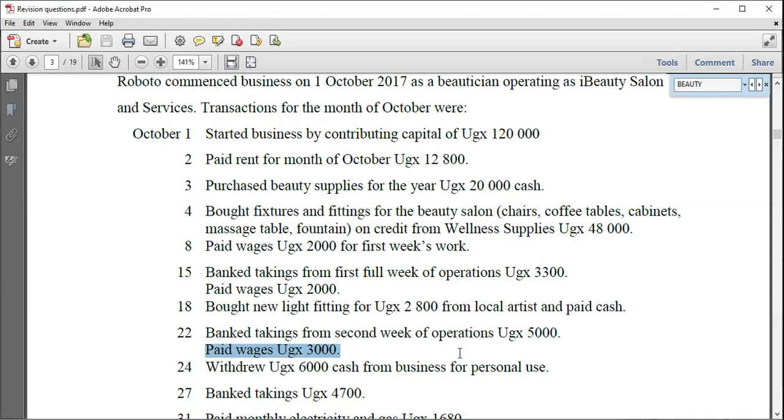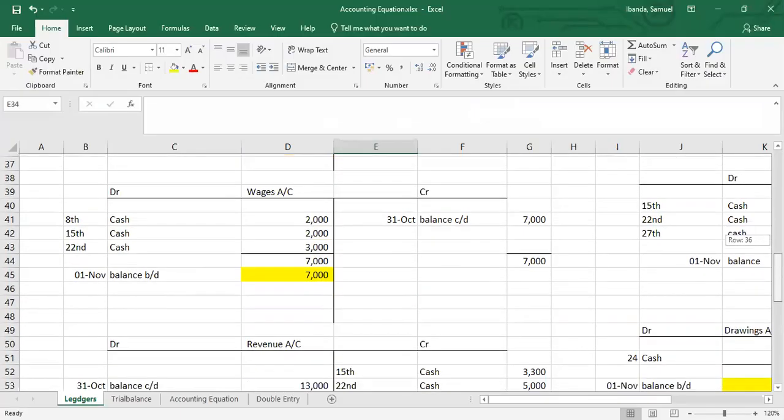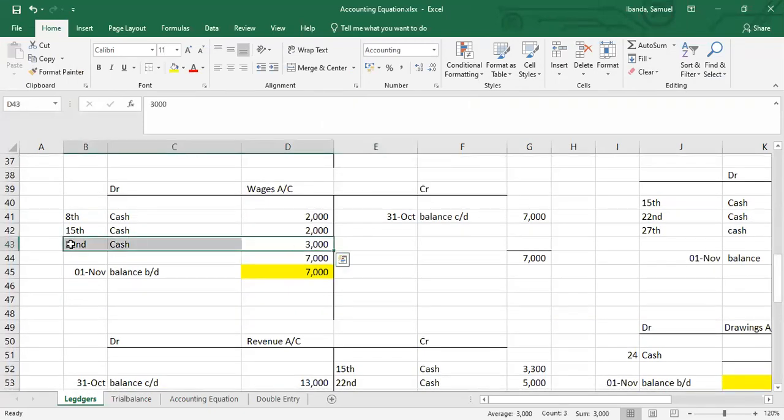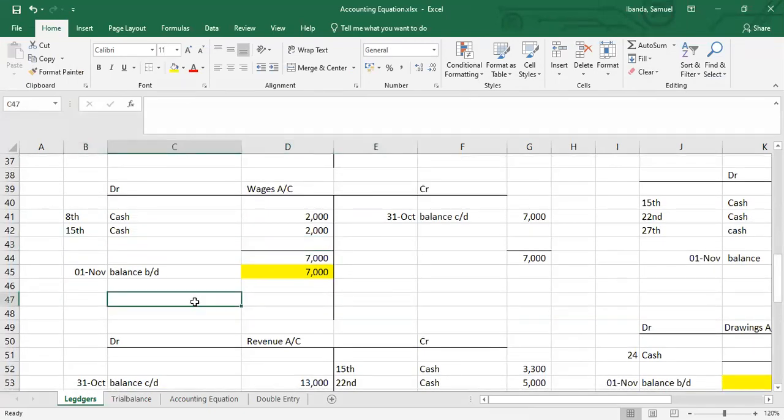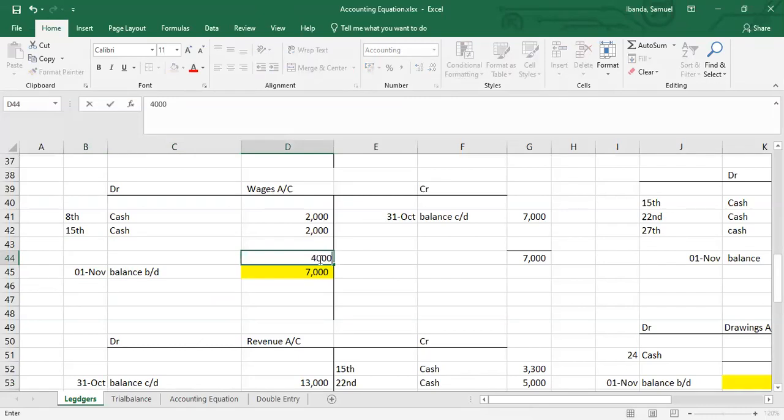If we missed out this transaction of paid wages, 3,000, we know what will happen in our transactions. Remember that wages is 3,000. It means that we shall not have this. This will not be there. And maybe this will now become 4,000. This will also become 4,000. This will also become 4,000. And this will also become 4,000.